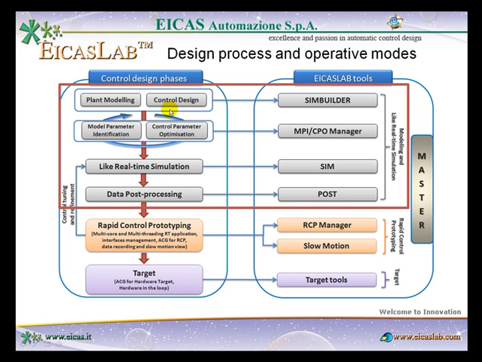Then you can perform like real-time simulations using the Sim tool, which represents the first level of test of your control strategy. You can finally post-process any data obtained during the simulation using the Post tool.